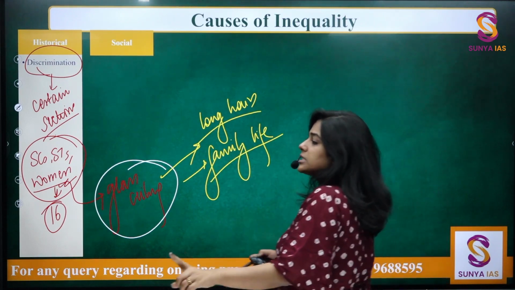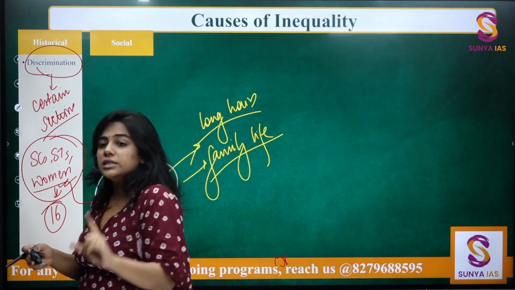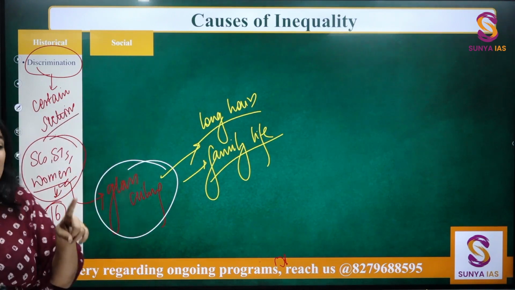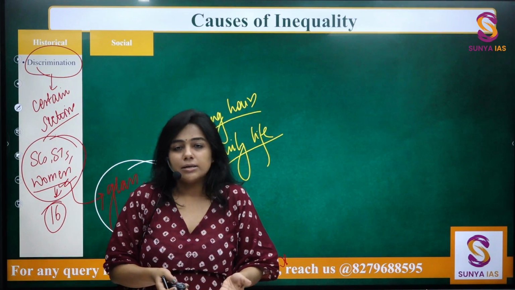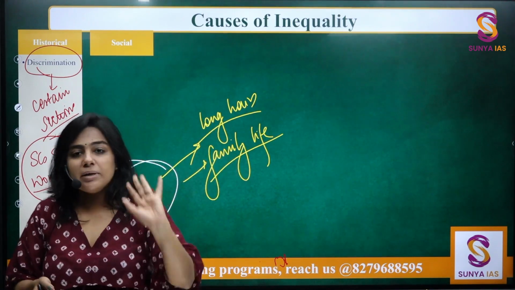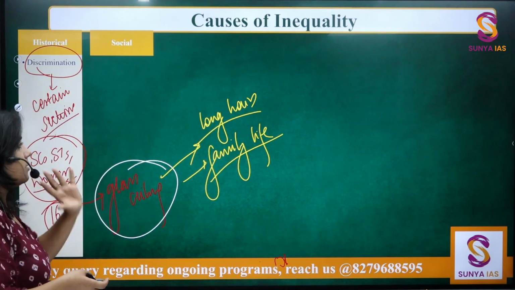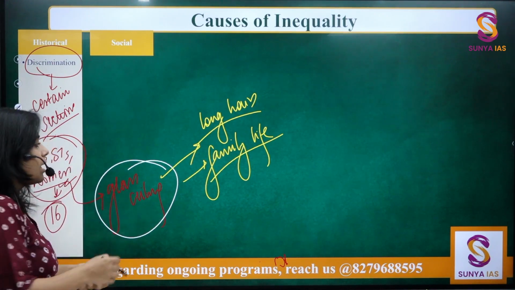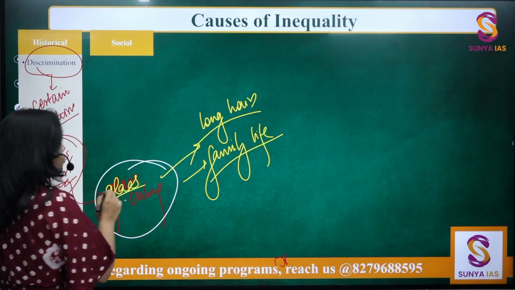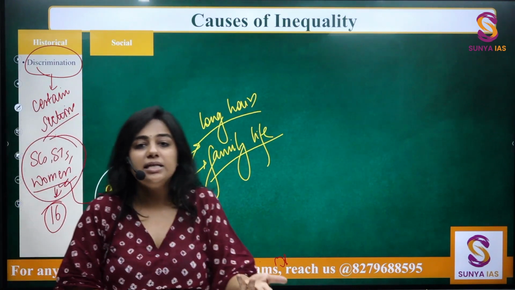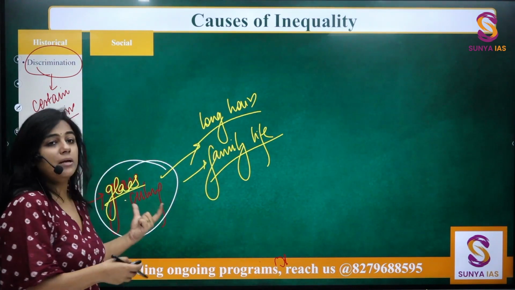Even the man is considered responsible, but the man is not expected to be in the house while maintaining his career. He can be out late, maintaining his life and everything. But for women, there is a glass ceiling. And why glass ceiling? Why not steel ceiling or iron ceiling? Because this is not visible.